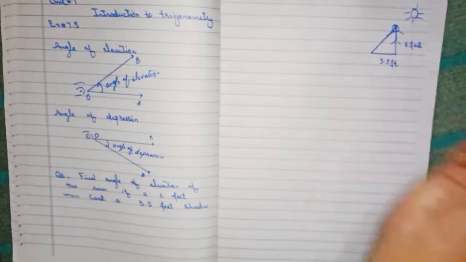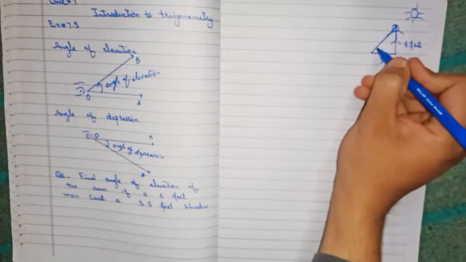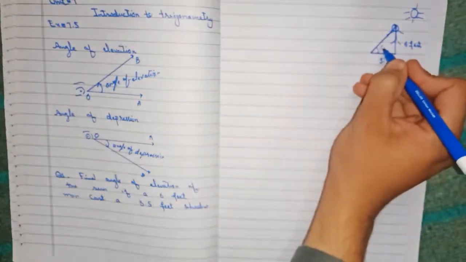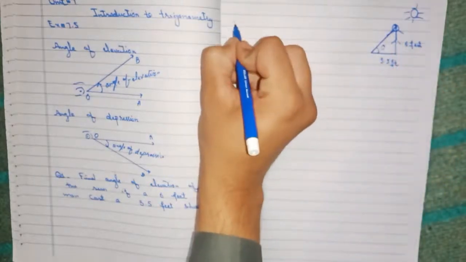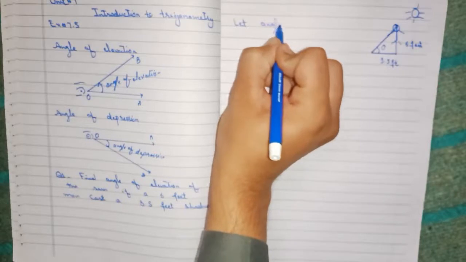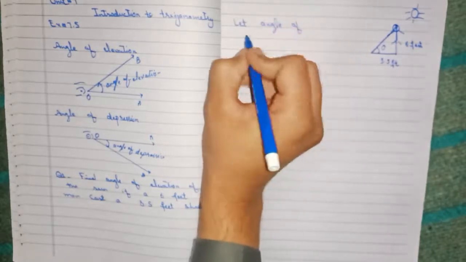So from the diagram it is very clear. We will have to find this angle of elevation. We will call it theta. Let the angle of elevation equal theta.